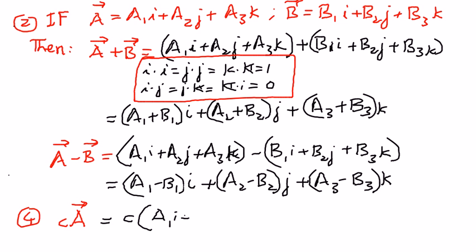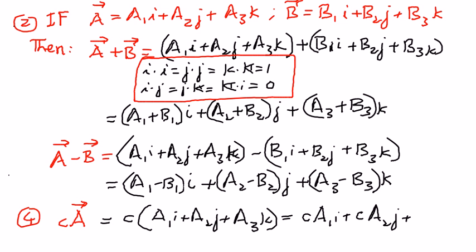So to illustrate that, if we have c as a scalar quantity, and if A is a vector which has components a1i plus a2j plus a3k, we can write this out as the constant times a1i plus the constant times a2j plus the constant times a3k.